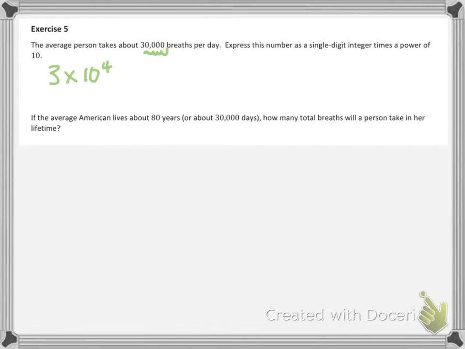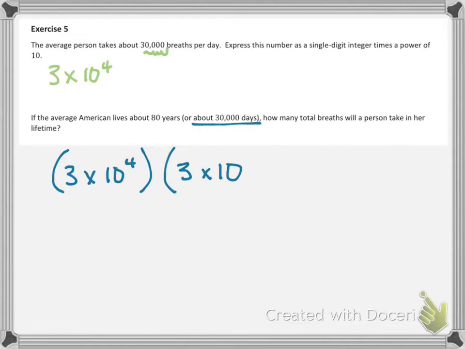So this time we are going to be multiplying these two numbers, because 30,000 breaths per day, which is for 80 years, which is about 30,000 days. So it's going to be 30,000 times 30,000, or 3 times 10 to the 4th times another 3 times 10 to the 4th.